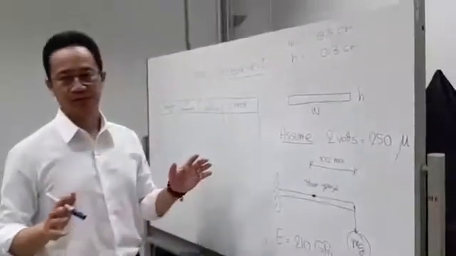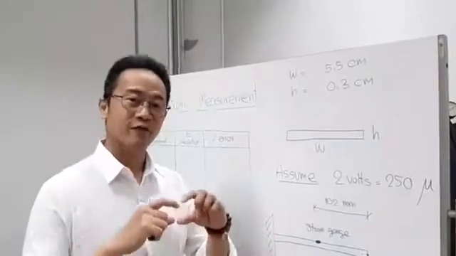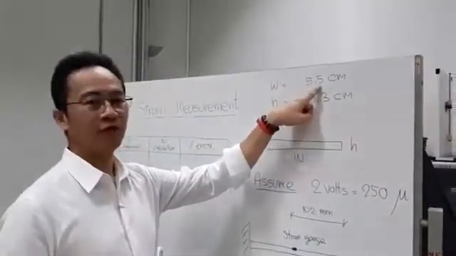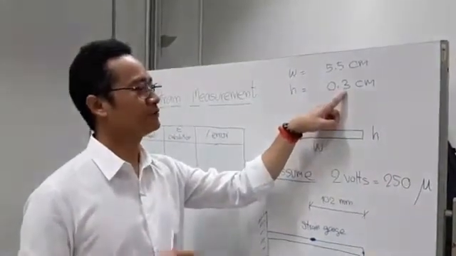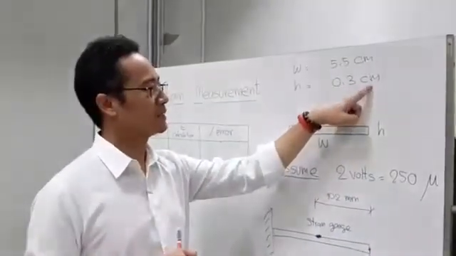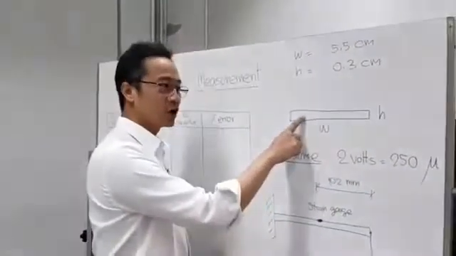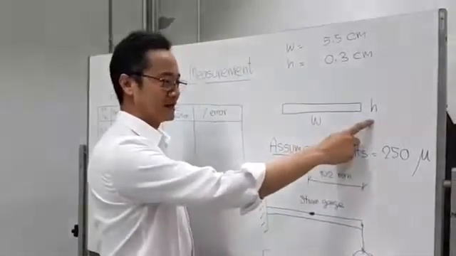Now, let's say the cantilever beam I showed you has a cross section. The width is 5.5 centimeter, the height is 0.3 centimeter. This is the cross section of my cantilever beam, the width and the height.